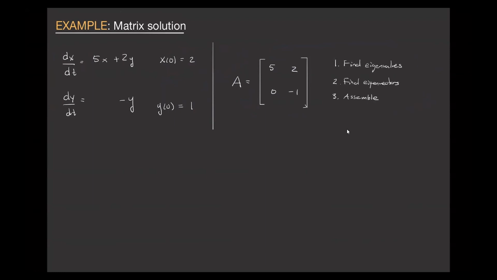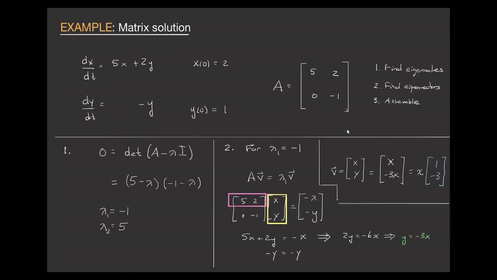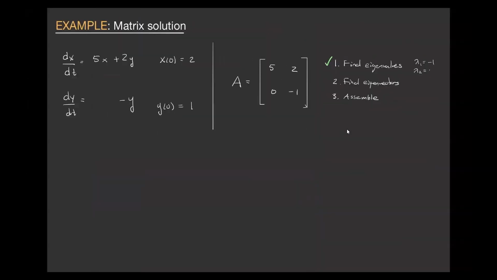So we found eigenvalues, where lambda 1 is equal to negative 1, lambda 2 is equal to, actually, I got to check, was it 3? No, 5. Okay, 5.